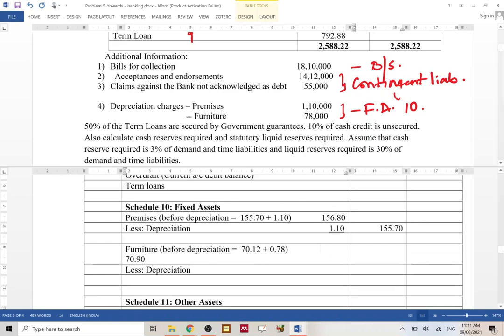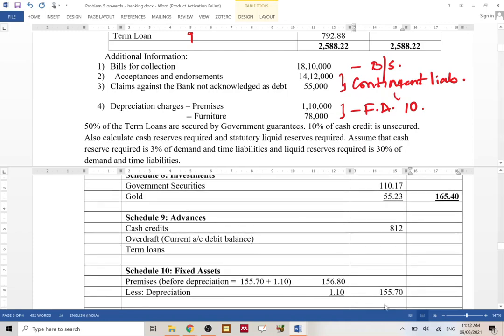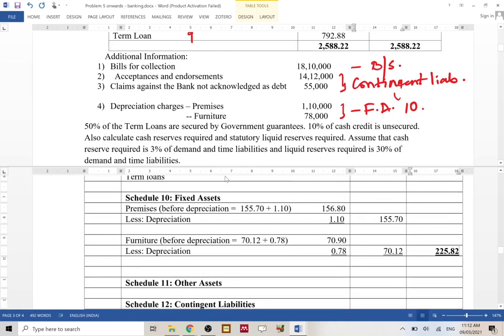Okay, so we are basically getting the value that was before depreciation. Again, depreciation amount 0.78. Final total in the outer column, that is value of the furniture, 70.12. Total of both the fixed assets, 225.82. So again, another schedule complete.